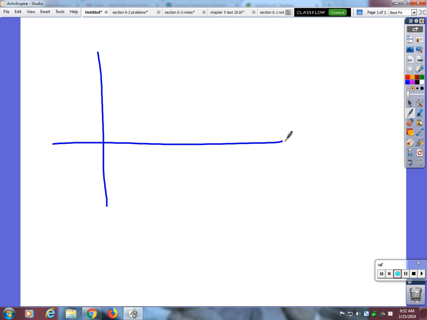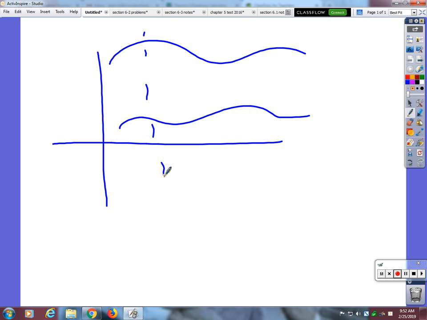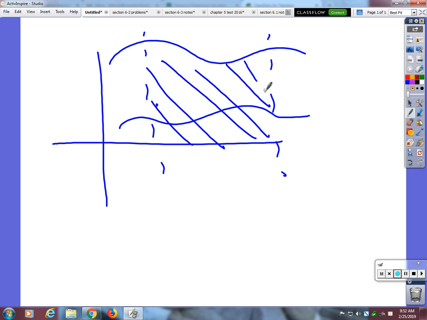If I want to find the area between this curve here and that curve there, what I'm essentially doing is finding the area between this top curve and the x-axis, and then subtracting the area between the other curve and the x-axis. That answer will give me the area between those two curves. All you have to do is the subtraction first and then do the integral.